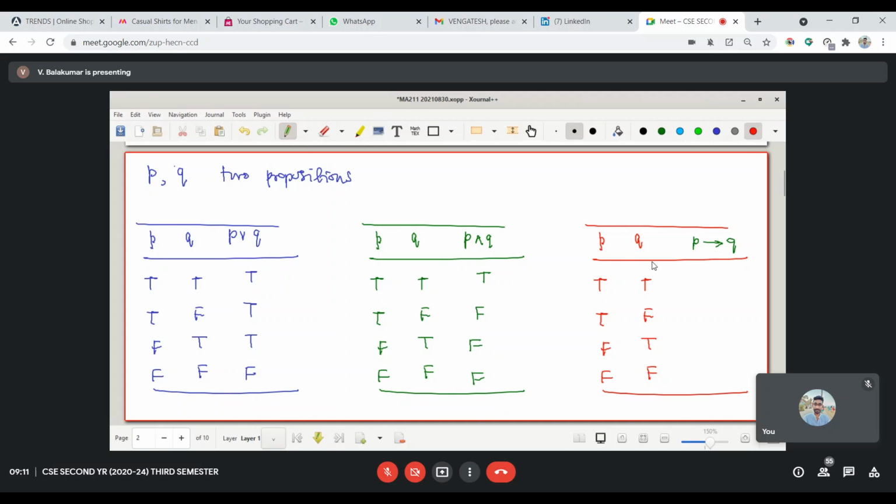Here I need implication. If P is false, I don't need to check Q. P implies any Q, so this is true. So you don't want to forget that, then you may use the explanation we have given.